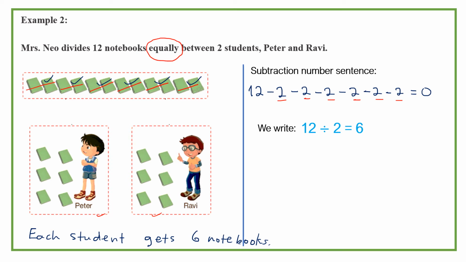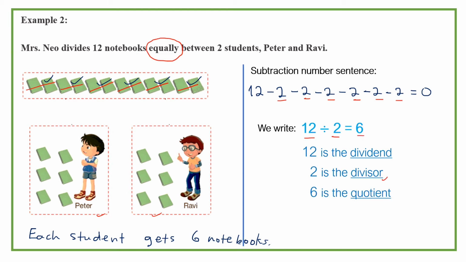Now, in this division sentence, 12, we call it dividend. 2 is called divisor. And 6 is called quotient. Okay? So you can repeat after me.